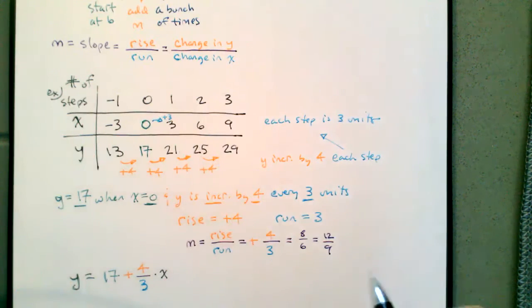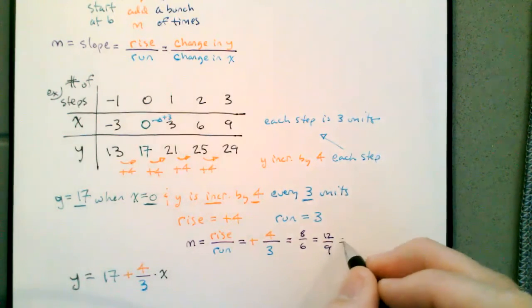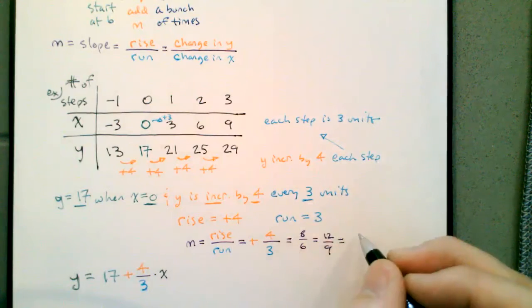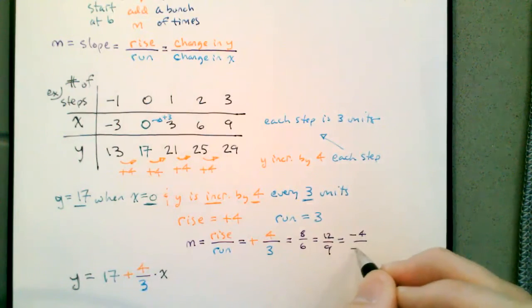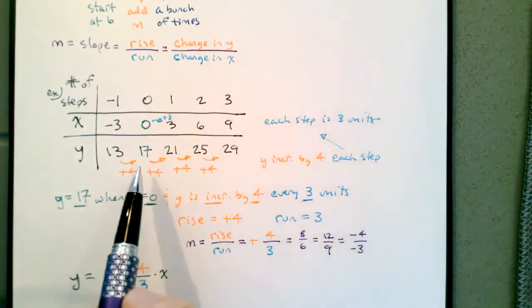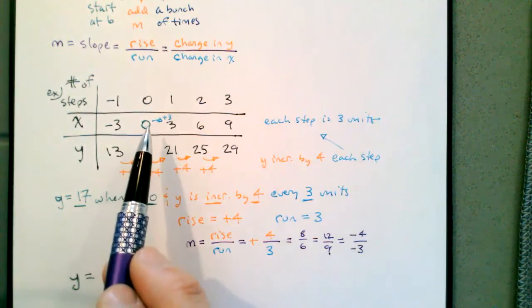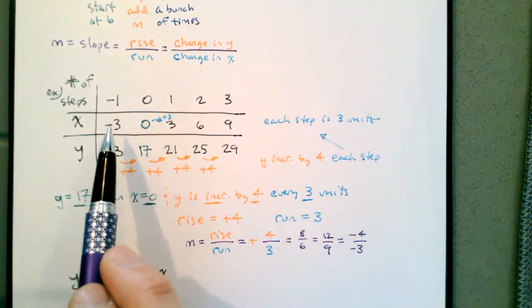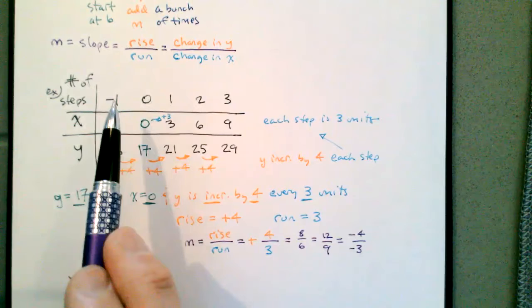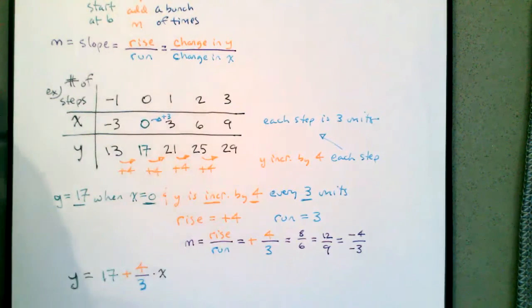We can also even go the other direction. We could think of a positive 4/3 as -4 over a -3. So we can see from 17 to 13, that's a decrease of 4, but that would be 3 units backwards, or a -1 step. So we usually list the slope as a ratio of rise to run because we can.